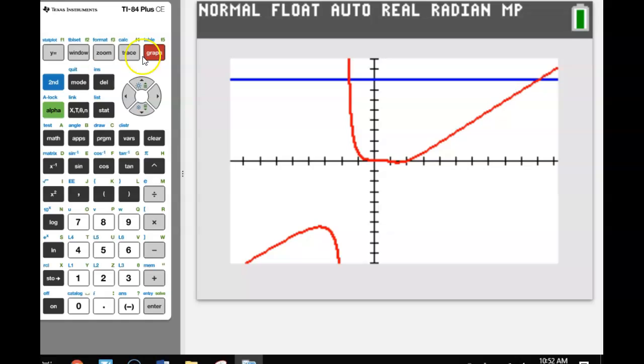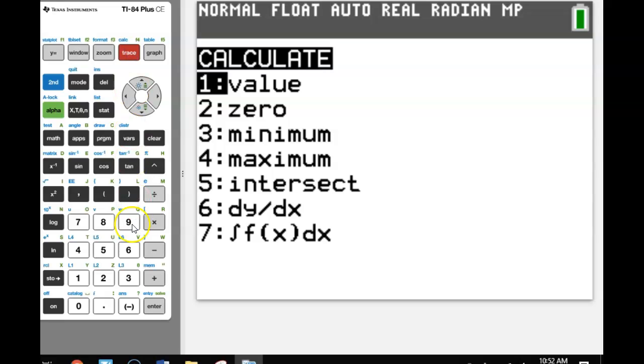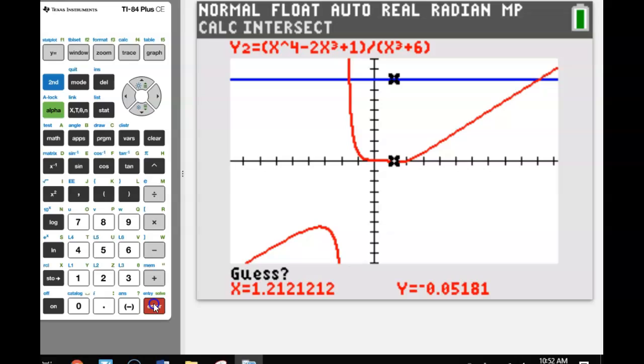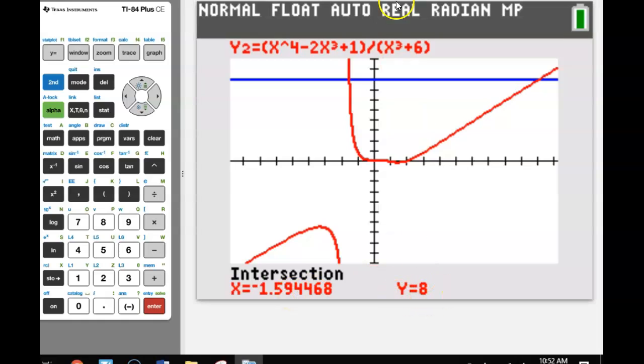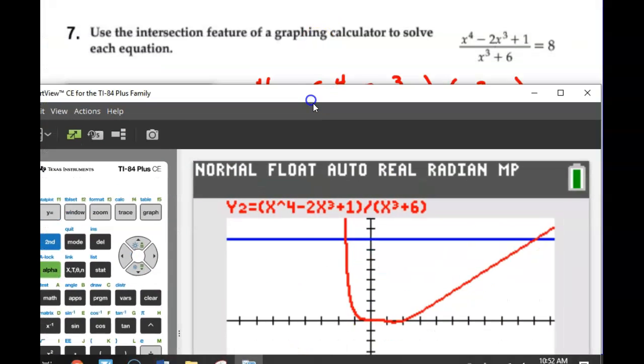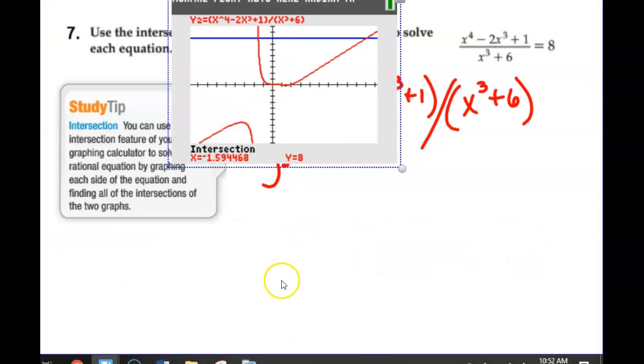That's it. We need to find those 2 points of intersection. Intersection. I got negative 1.59. Do I need the ordered pair? No, this was an equation. Was there a y anywhere in sight? Nope. So there's one of the answers.